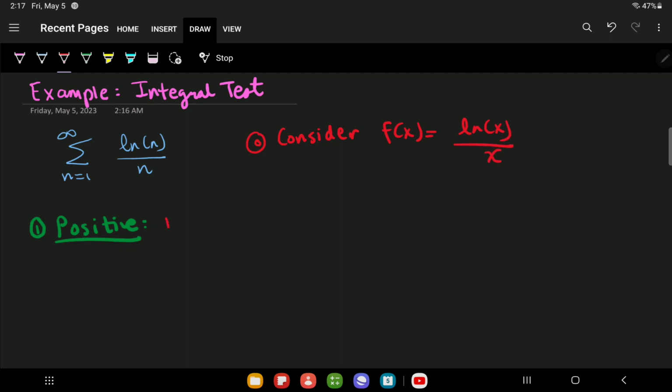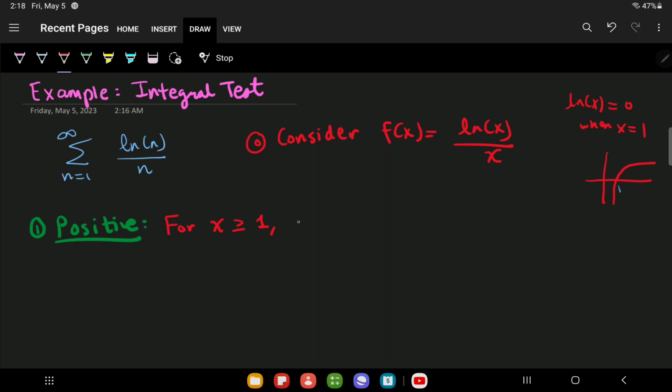For x greater than or equal to 1, natural log of x is equal to 0 when x is equal to 1. But we know natural log is an increasing function, so for x greater than 1 it's always going to be positive.